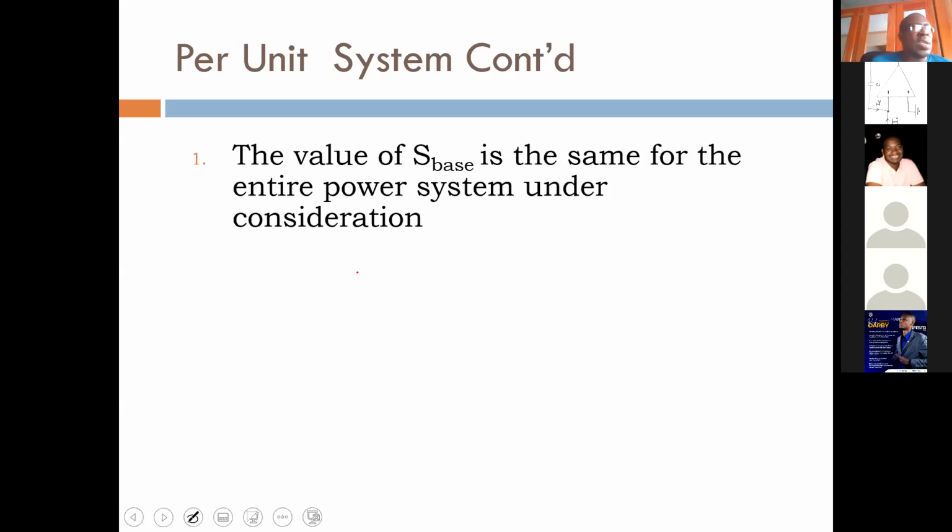So if you choose S base as 100, regardless of the component that you're dealing with, regardless of where it is located within the network, it's the same 100 S base. Which is why, and you would have seen this if you have gone through that tutorial for your lab, it will talk about system base.